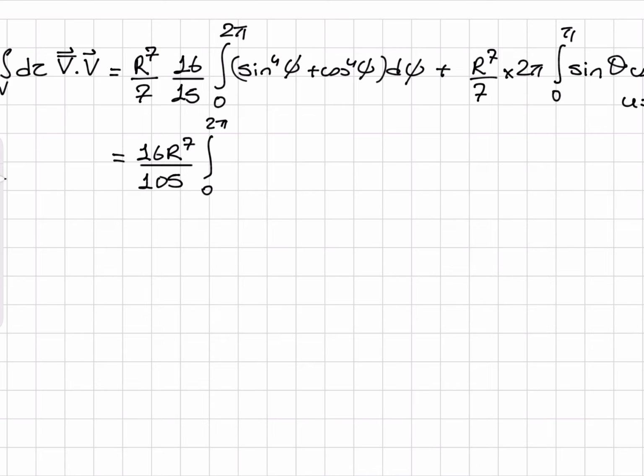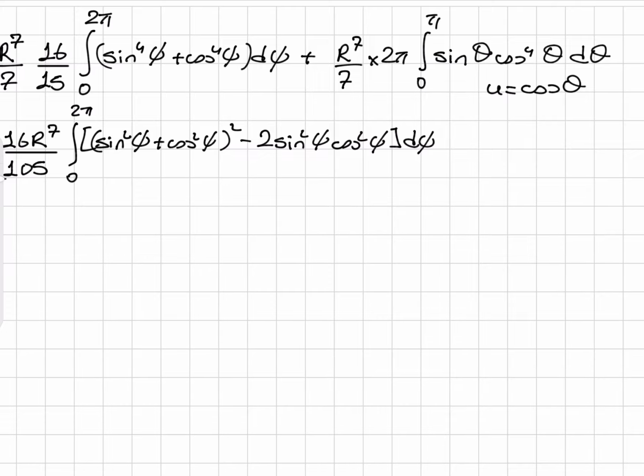Now I can write sine to 4 phi plus cosine to 4 phi as sine square phi plus cosine square phi squared minus 2 sine square phi cosine square phi. So that's this integral, the first one.